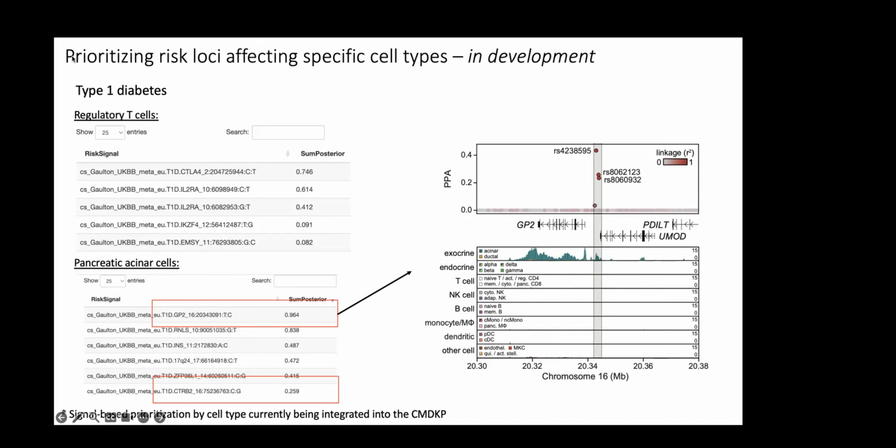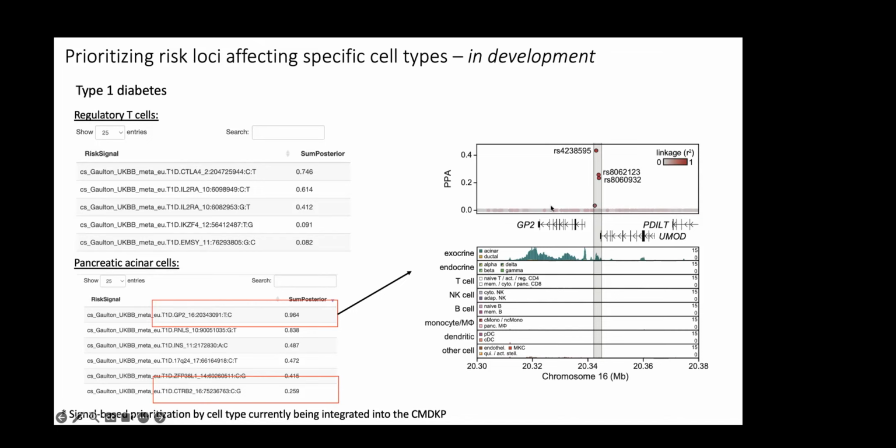So for example, for type 1 diabetes, there are numerous cell types involved: immune cells, other pancreatic cells. And if you summarize which loci likely affect T cells versus, say, acinar cells, you get very different sets of loci. So if you're interested in studying a particular cell type for disease, this may give you loci of interest to pursue.